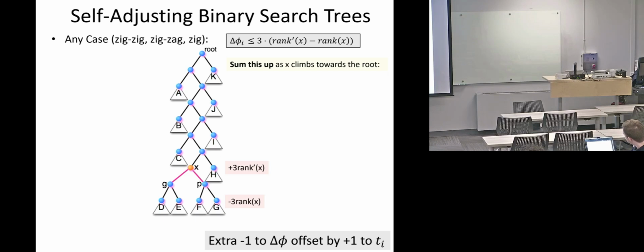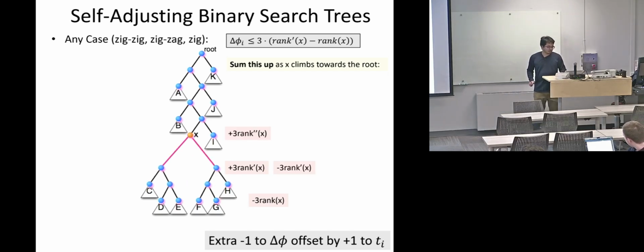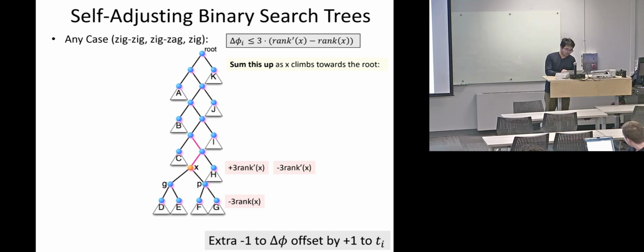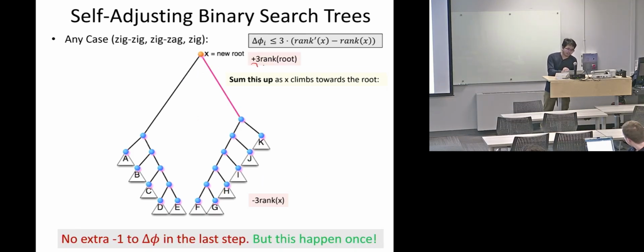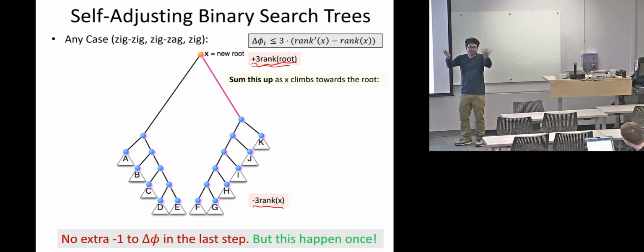You use that minus 1 to pay for the real cost here. And you do another zigzag or zig-zig, you get an increase here and a decrease here, so this thing cancels. And do again. At the end, you're going to get plus rank of the root minus rank of x. For every zigzag or zig-zig step, that's free, because you get that minus 1 for free.